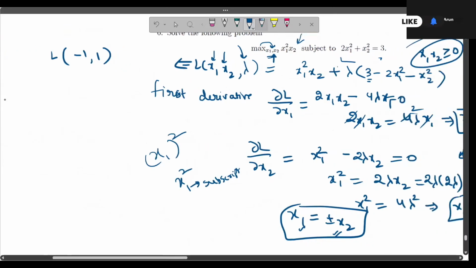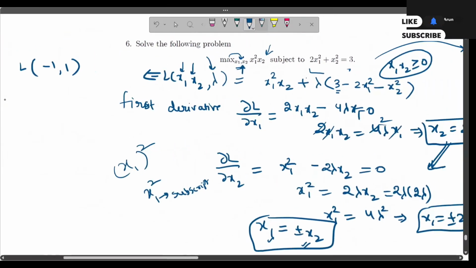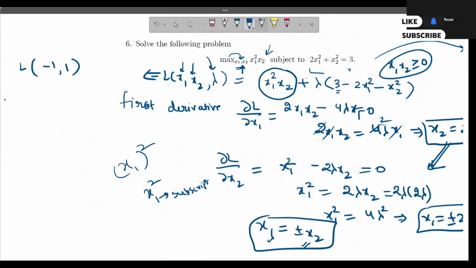So now you need lambda, right? Because you will substitute the maximum value of the function here. Clear? Not clear, ma'am. I did not understand. Okay, so why do we use the Lagrange multiplier?